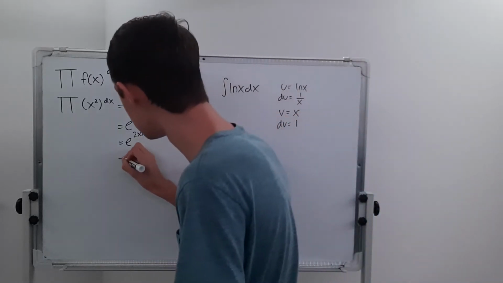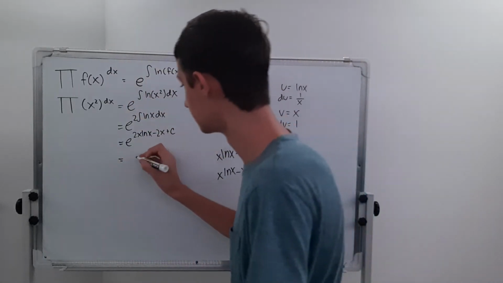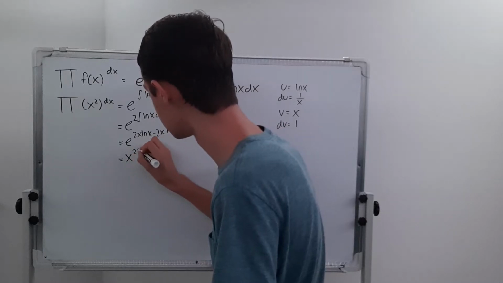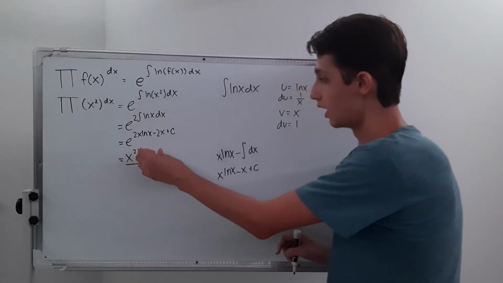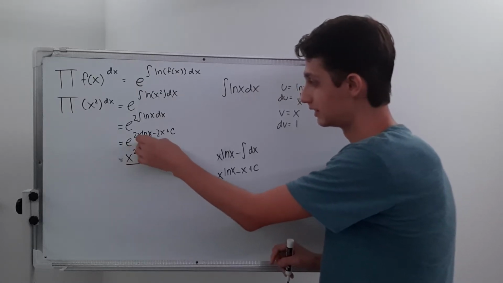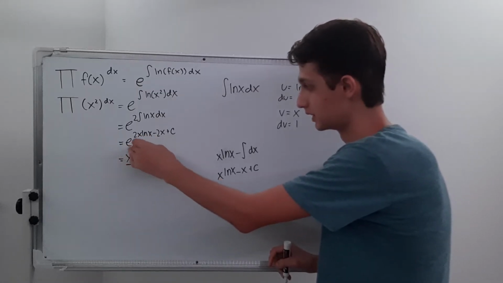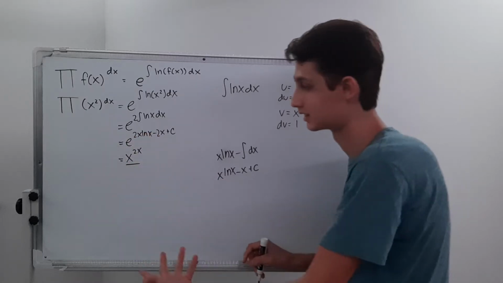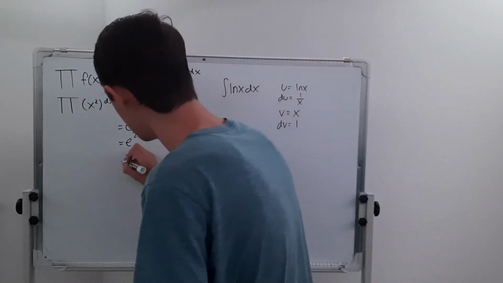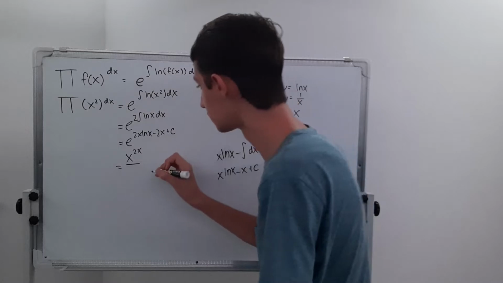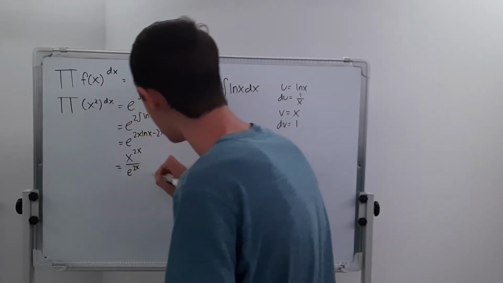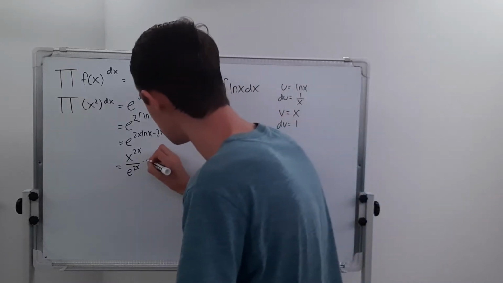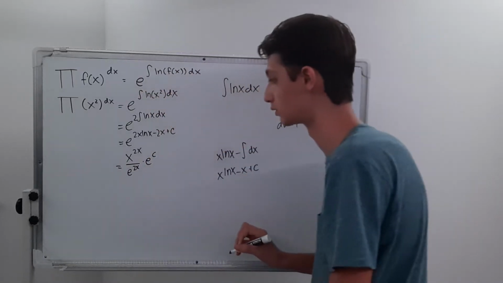And so we can notice that e to the 2x ln x is just x to the 2x, and whenever we do e to the something minus something, that's just dividing, just exponent rules basically, over e to the 2x, and then times e to the c. I'll put this e to the c out front.